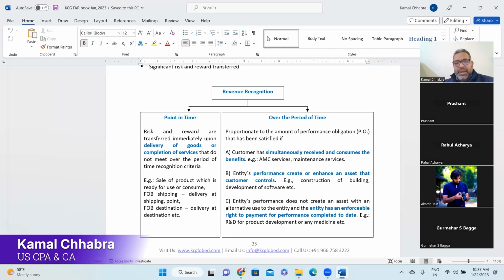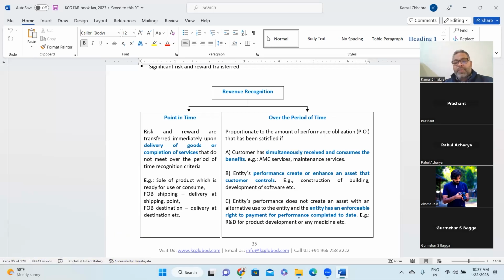So point C is that the entity's performance does not create an asset with an alternative use to the entity, and the entity has an enforceable right to payment for performance completed to date. For example, research and development work.